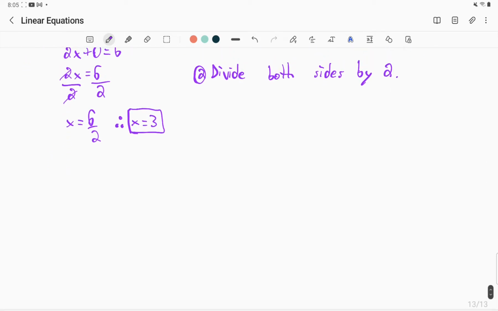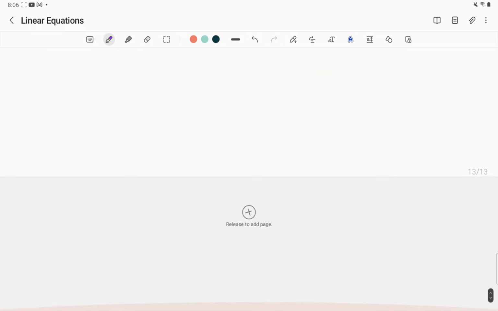Let's do another example. Let me think here. Let's try 3x, coming up with these on the spot. 3x plus 8 equals, I don't even know, 15. Again, I'm getting lazy.